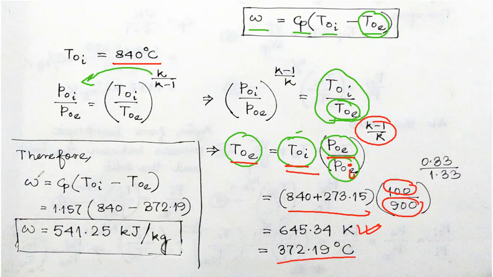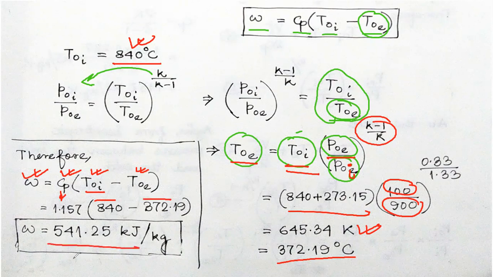So W is Cp multiplied by T0i minus T0e. All are known. Cp we have determined earlier to be 1.157, multiplied by T0i, 840 degrees centigrade, minus T0e, 372.19 degrees centigrade.